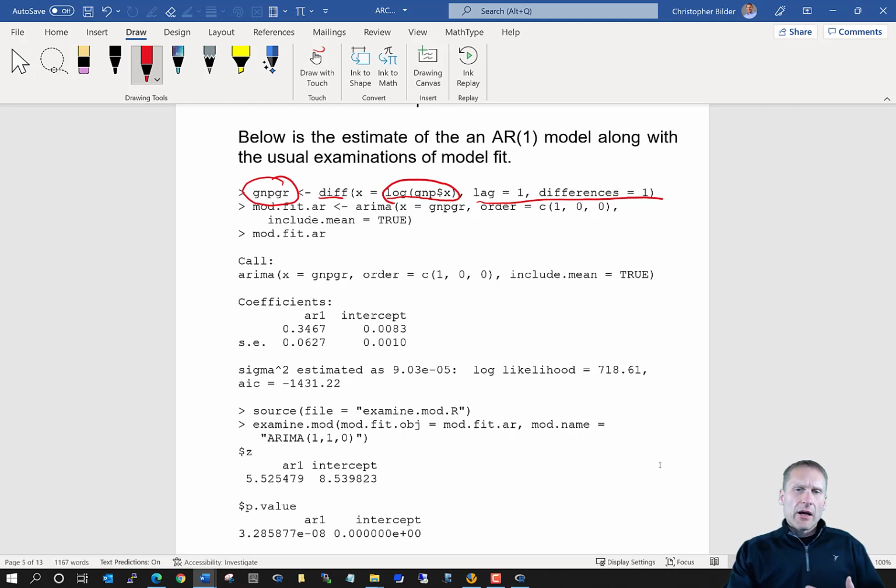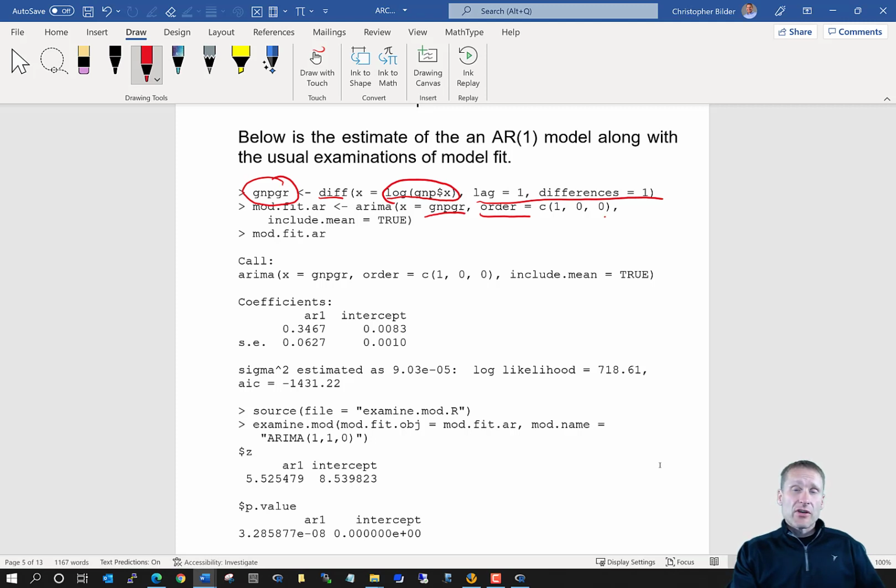Then I'm going to fit a model directly to these first differences of the log. And so the order of my model is not 1, 1, 0, but rather 1, 0, 0, because I've done the first differences before.